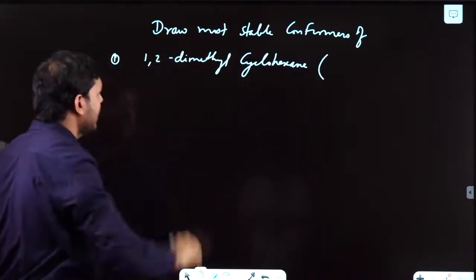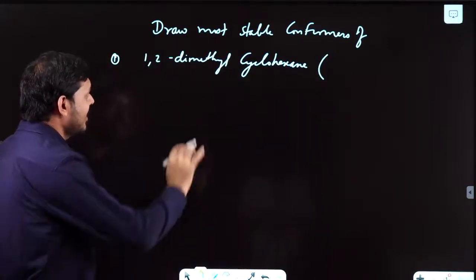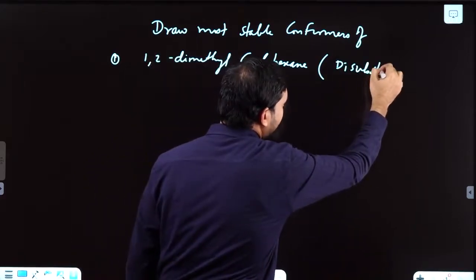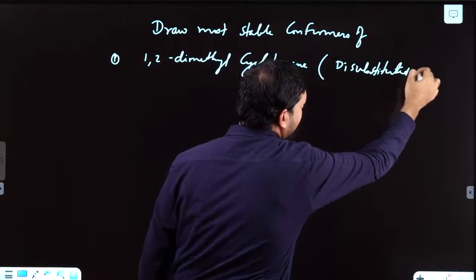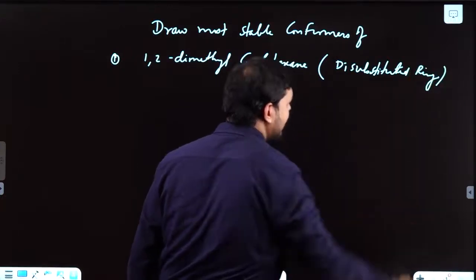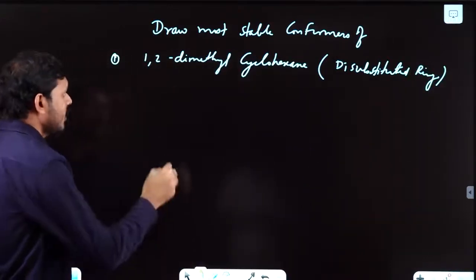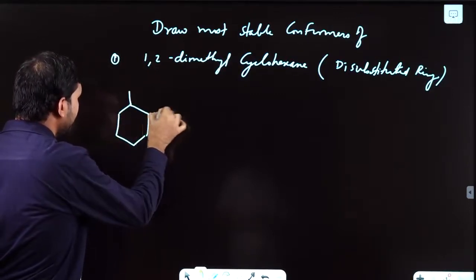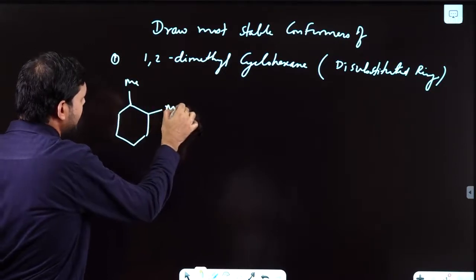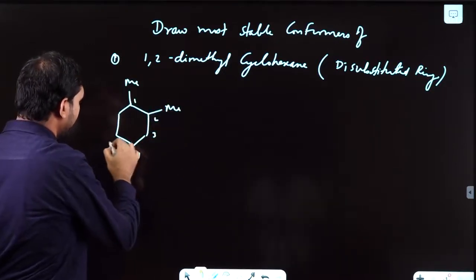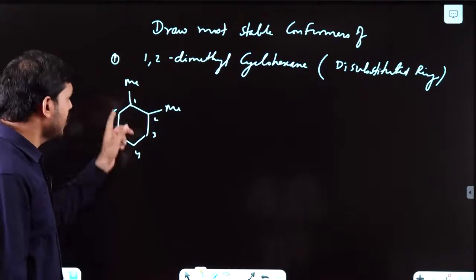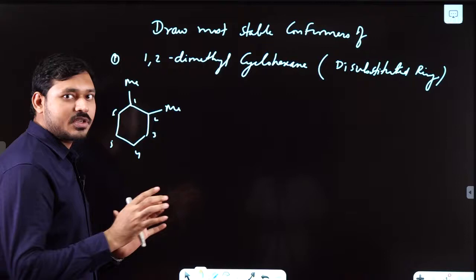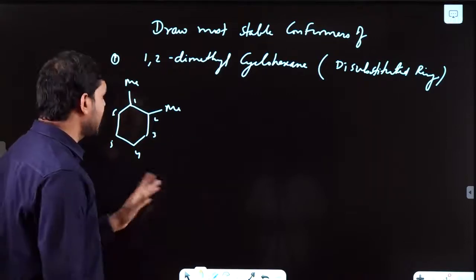Now if you see 1,2-dimethylcyclohexane, this is simply a disubstituted 6-membered ring. If I draw it in rigid form, this is methyl and this is methyl, 1, 2, 3, 4, 5, 6. In cyclohexane you have 1,2-dimethyl. So let's first of all draw the 4 possible cases of conformers.